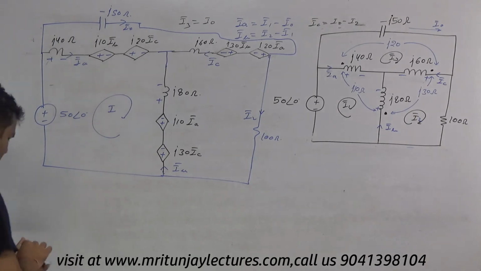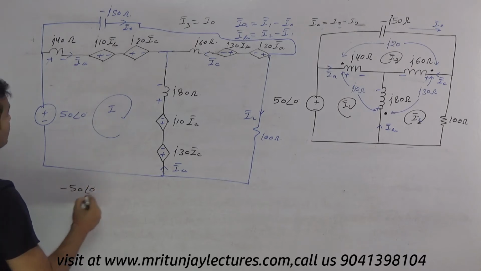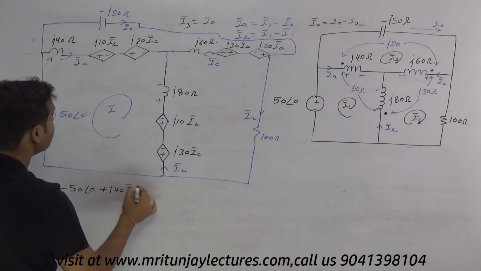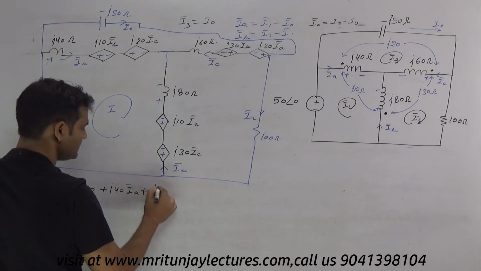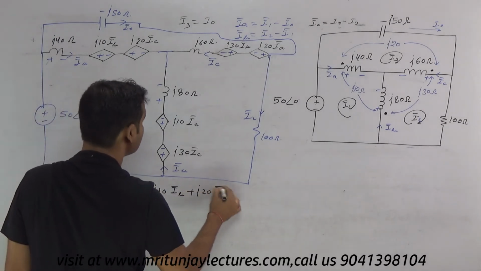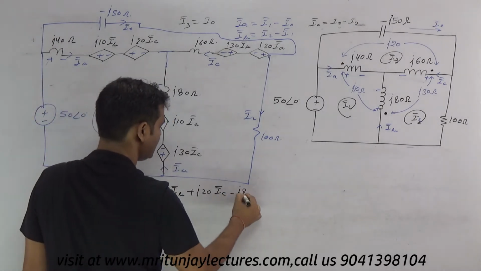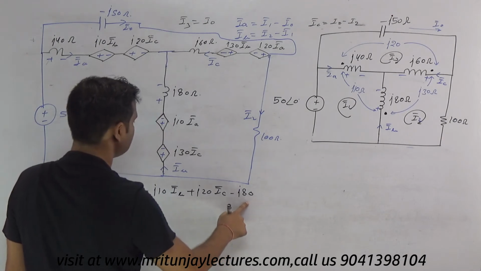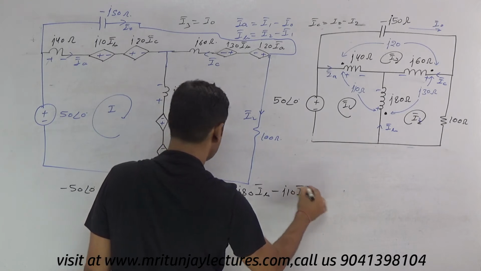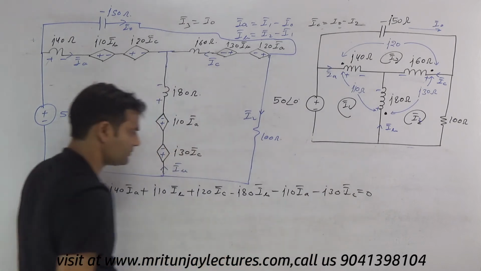Okay, now minus 50 at the angle 0 plus j40 IA plus j10 IB plus j20 IC, minus j80 IB, minus j10 IA, minus j30 IC. This will be equal to 0.